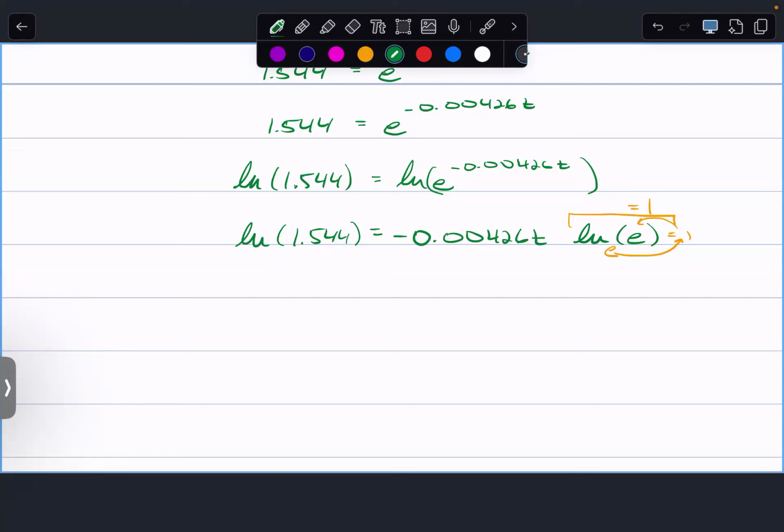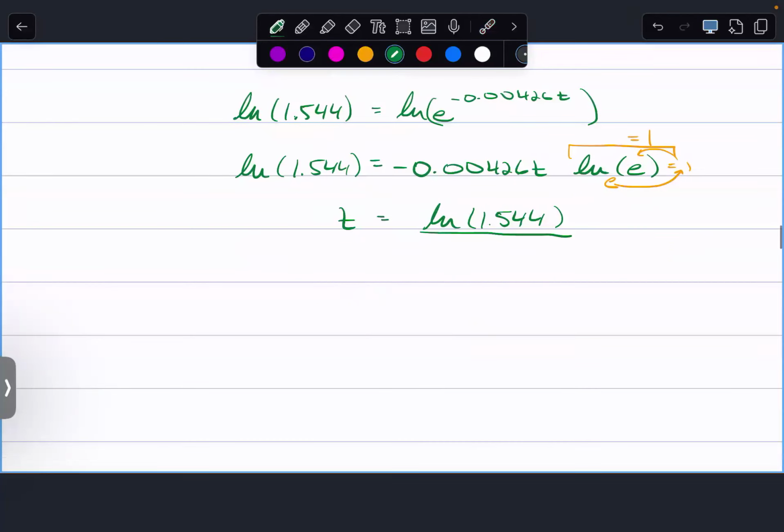Okay, so now what I'm left with is t. If I use my revolving door, I want to have t, whatever I'm solving for, on the left-hand side, but that means that I'm going to divide both sides by this negative 0.00426, switcheroo to the other side. And so I have t is the natural log of 1.544 divided by negative 0.00426.